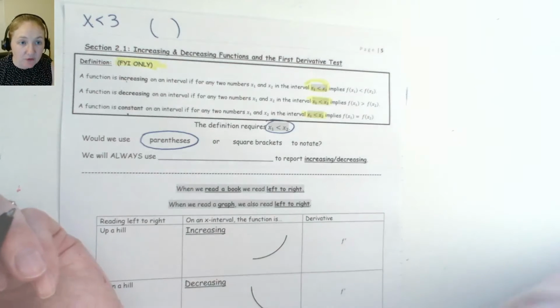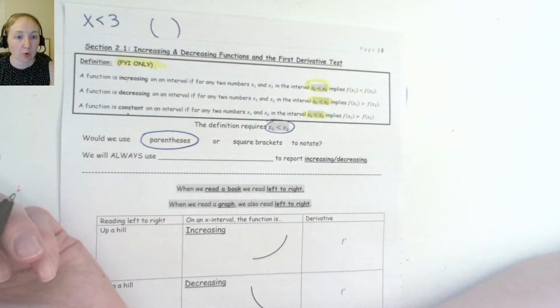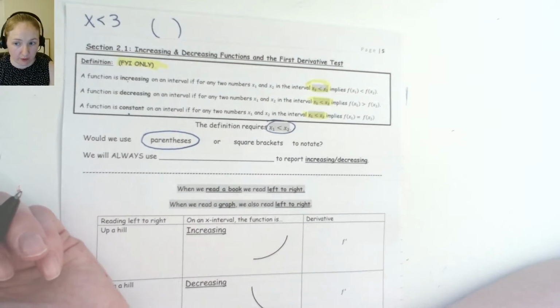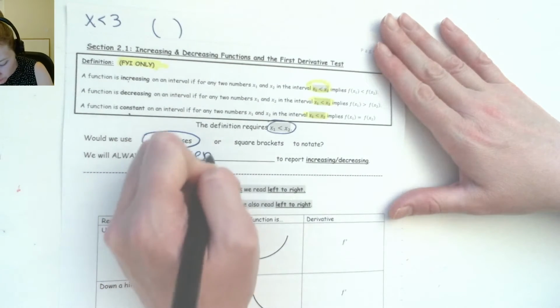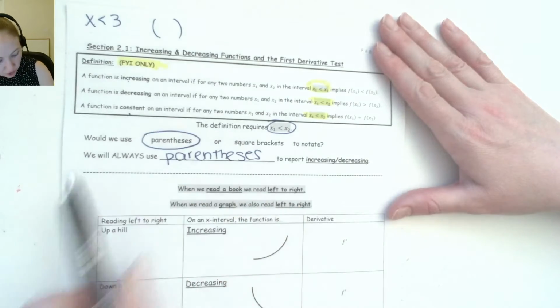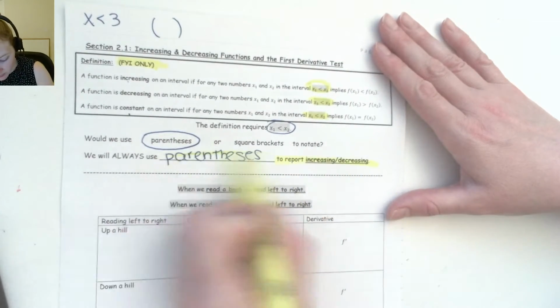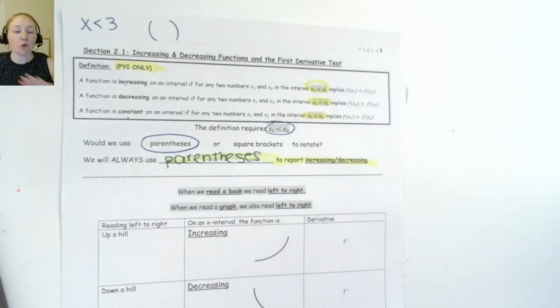And every time you are reporting your answer on the homework for where it is increasing and decreasing, you are going to use parentheses. Your answer is never, ever going to have a square bracket.